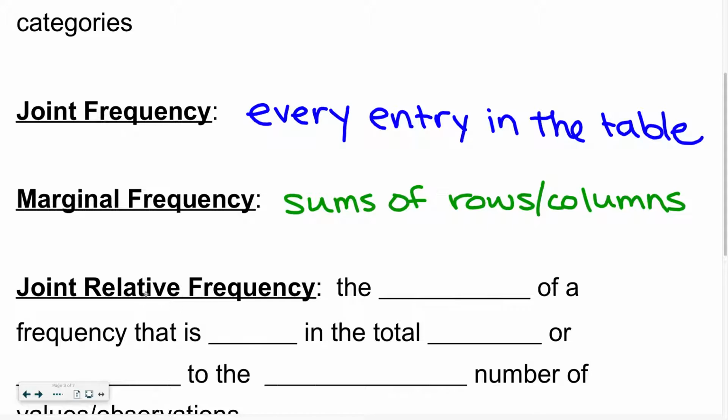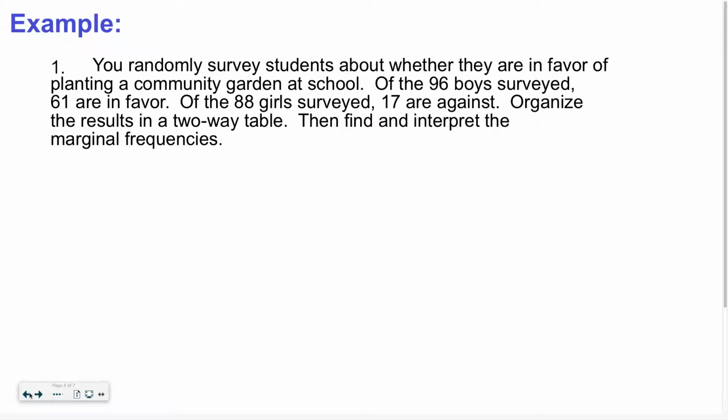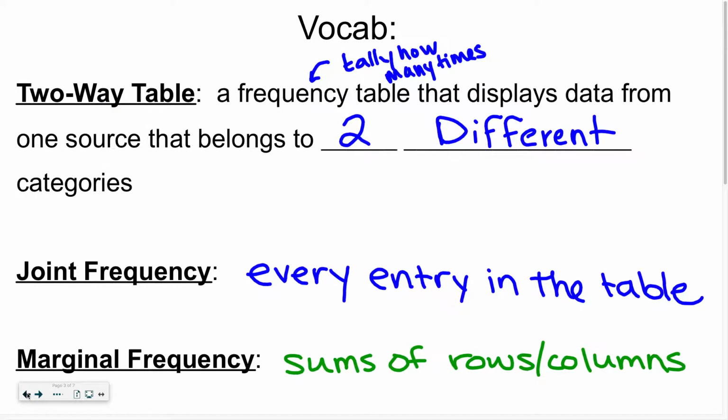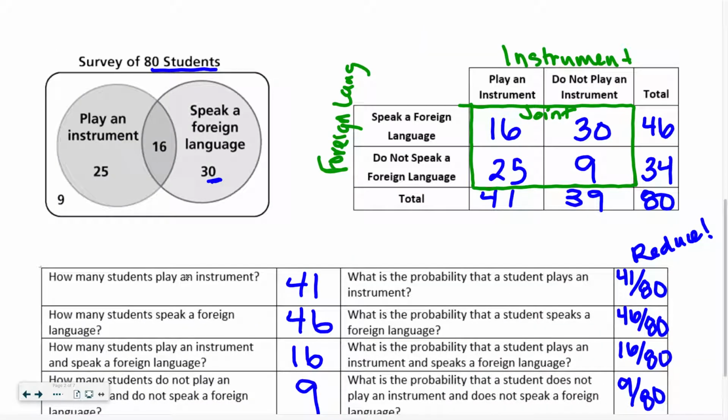So when you're looking at your table, if you're ever asked about marginal frequencies, you're looking on the outsides of the table where the totals are. So those are our marginals.